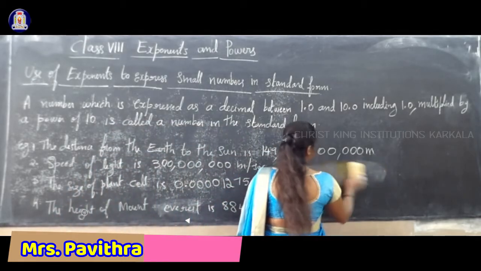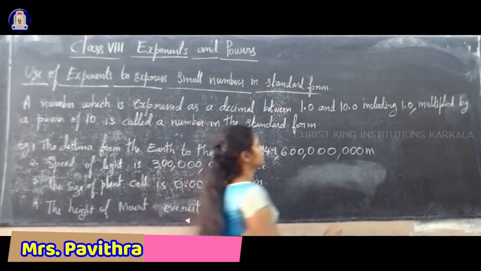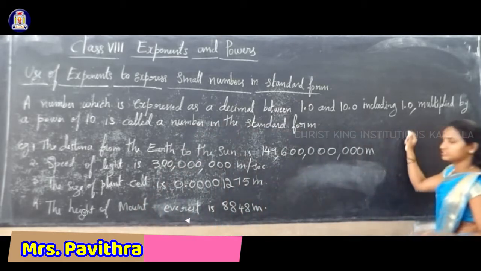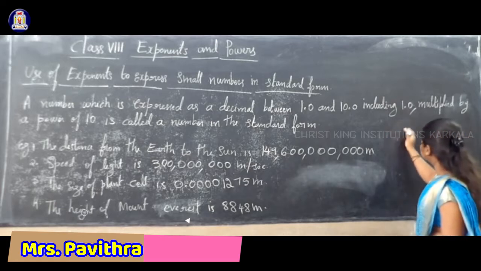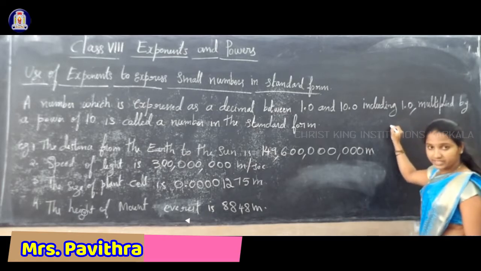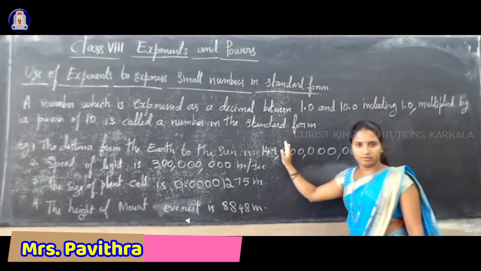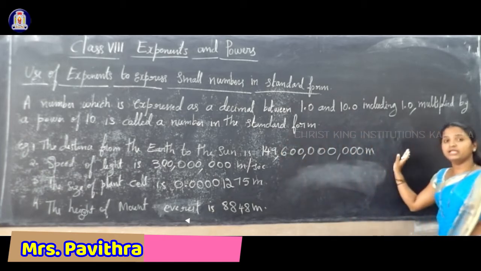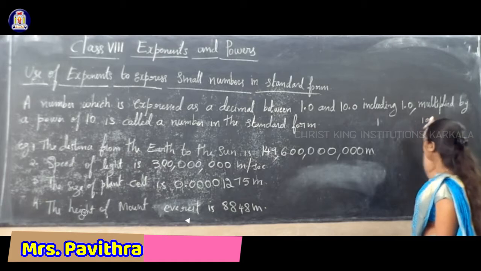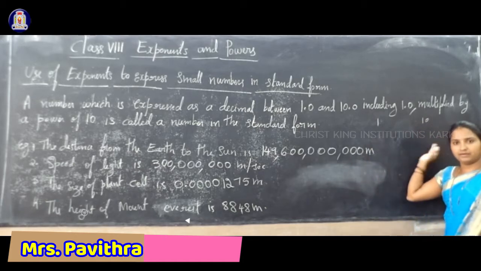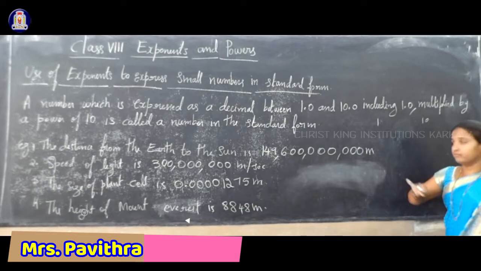For example, if they give a smallest number, we think one is the smallest number. Smaller than 1 are -1, -2, all negative numbers. But in between there are many numbers. If you consider 1 to 10, there are many decimal numbers, isn't it?